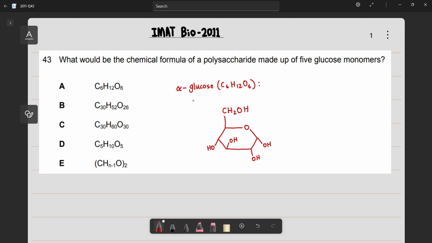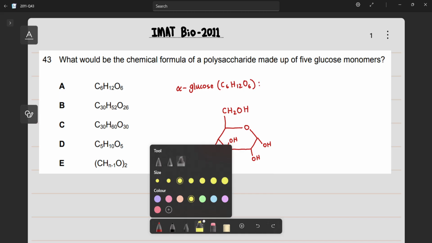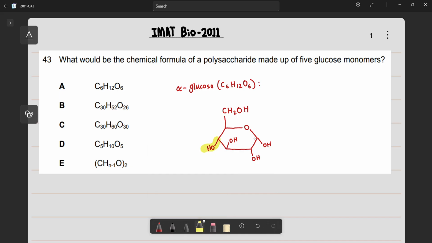Okay, so there are two types of glucose: beta glucose and alpha glucose. This alpha glucose is most commonly found in animals. What creates this distinction is what I'm going to highlight here. These hydroxyl groups are the most important ones that create this distinction, because in beta glucose, on this side, the hydroxyl group is up over here and the hydroxyl group is down.